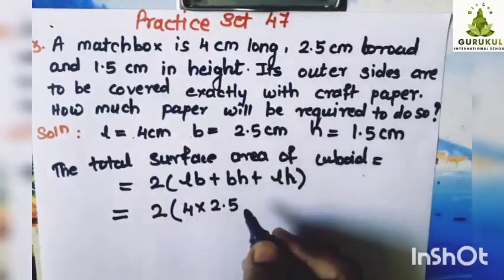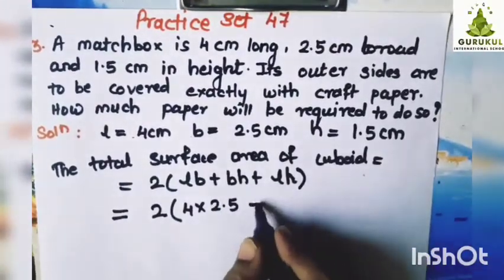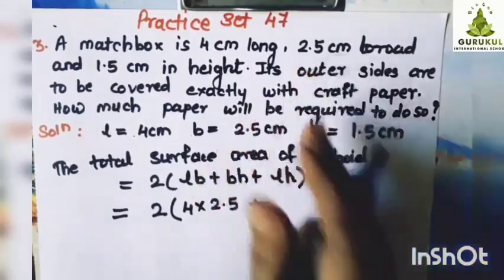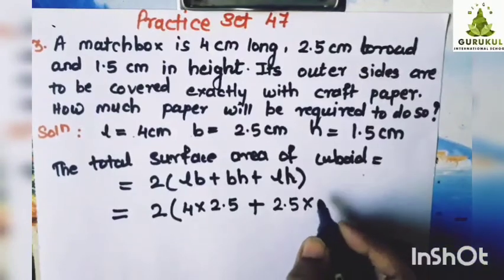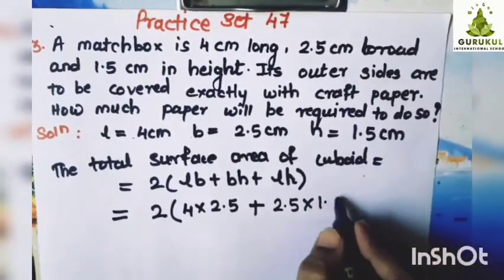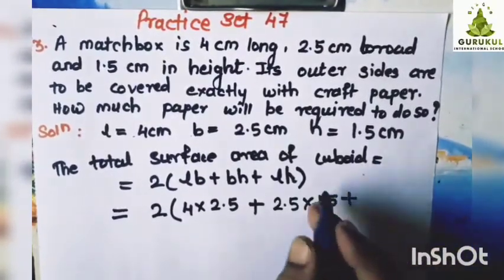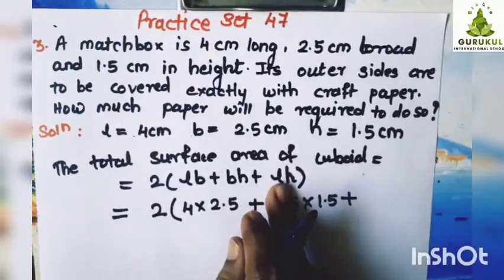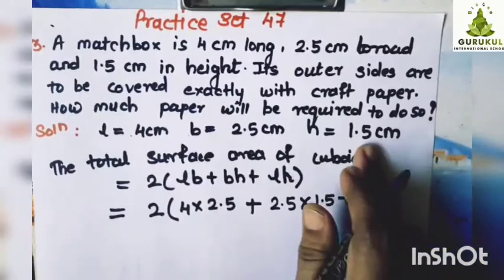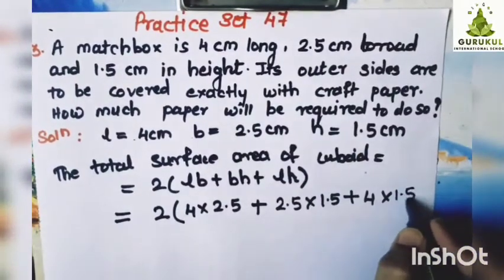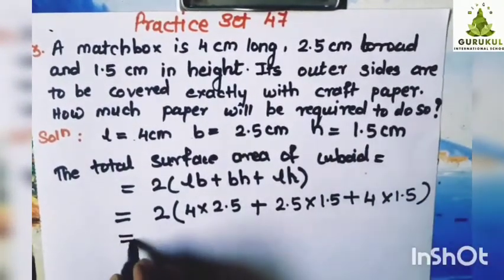Then plus BH, B is 2.5 centimeters into H is 1.5, plus LH, so L is 4 into H is 1.5. So substitute the values and calculate.